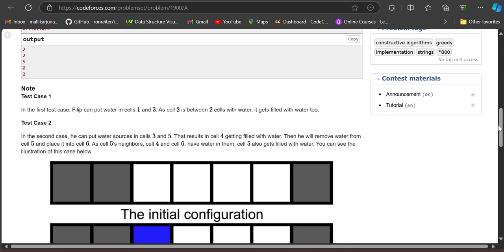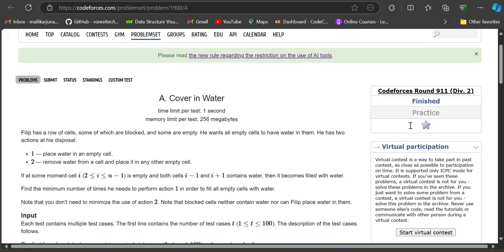He mentioned this feature in the question: if at some moment i, which is greater than 1 and less than n, is an empty cell, and the i minus 1 and i plus 1 cells contain water, then that cell also contains water.